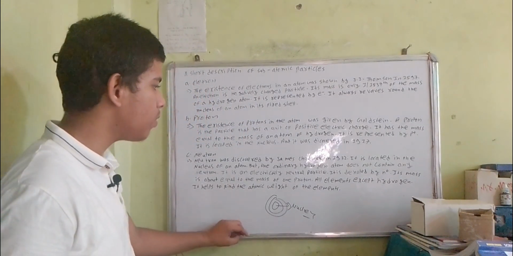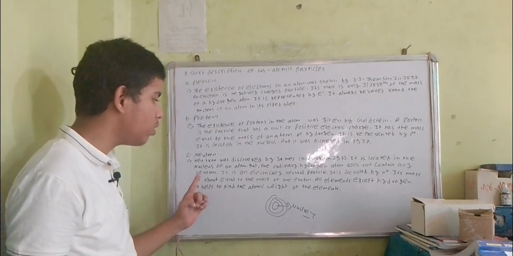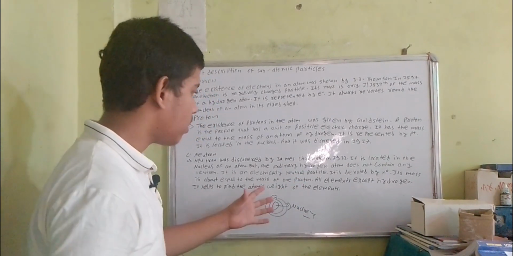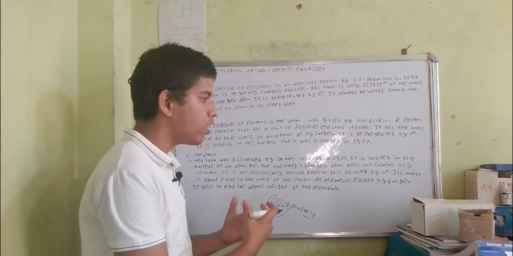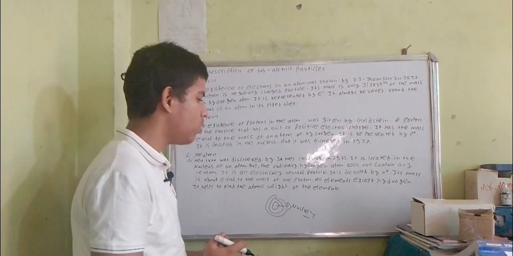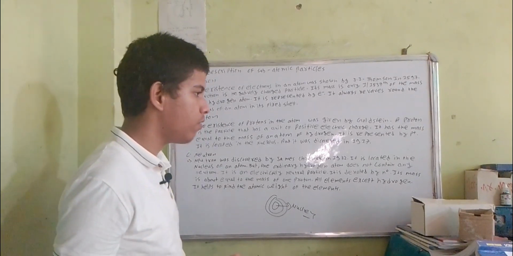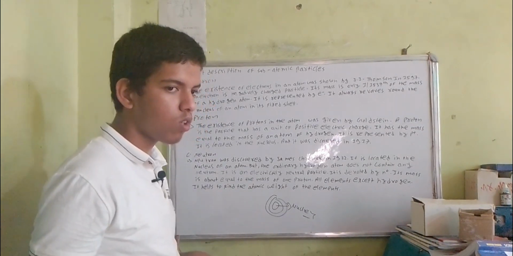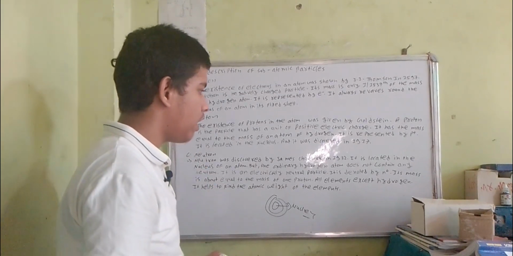But the ordinary hydrogen atom does not contain any neutron. Like any ordinary hydrogen atom, they don't have any kind of neutron. Why they don't have any neutron, I will not discuss in this video, because the video is already very long. We will talk about that in our future videos.